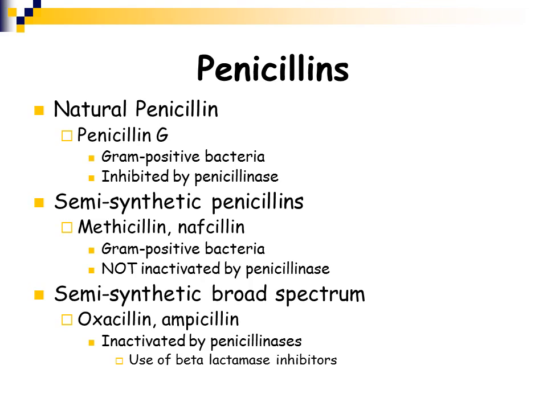There's also some semi-synthetic broad-spectrum penicillins. These are oxacillin and ampicillin. These are inactivated by penicillinases, but you can use a beta-lactamase inhibitor, and we're going to talk about those a little bit later. So bacteria, we said, can resist some antimicrobial agents such as the penicillins because they produce the enzyme beta-lactamase and penicillinase.